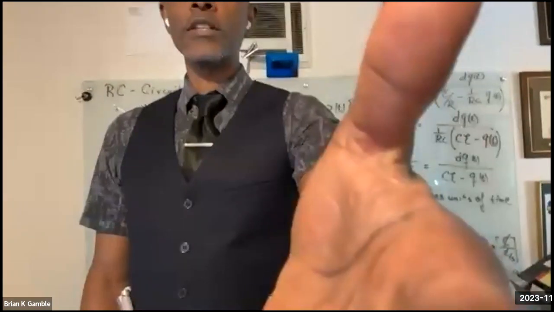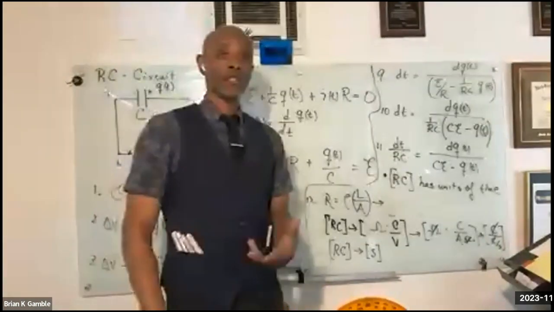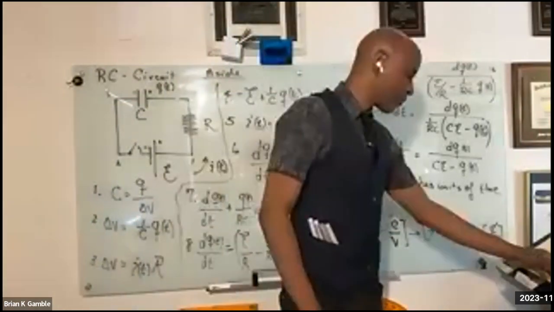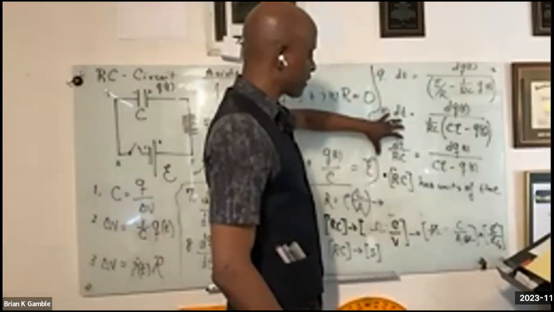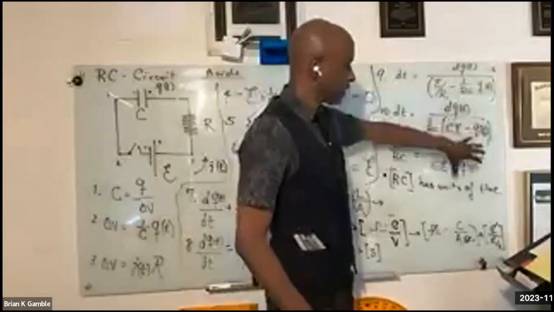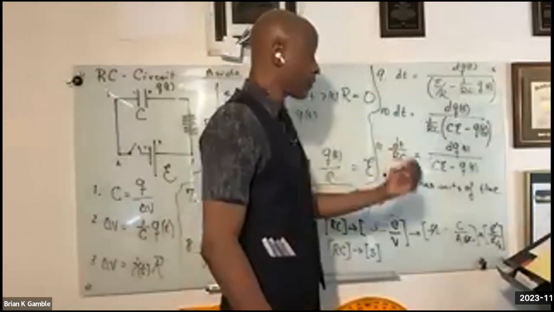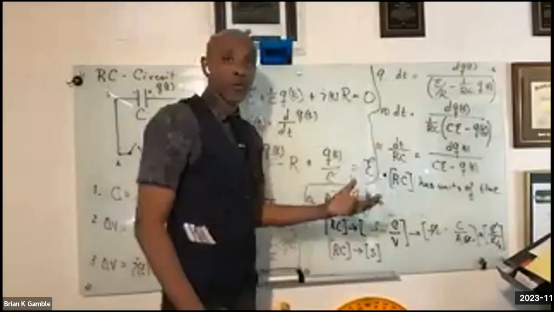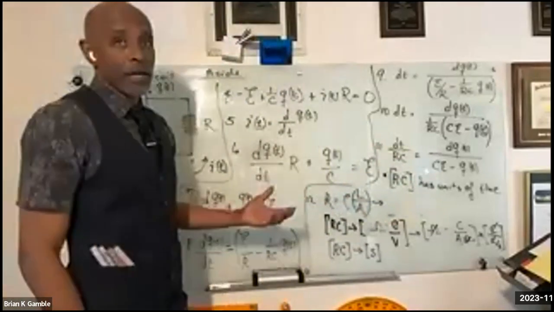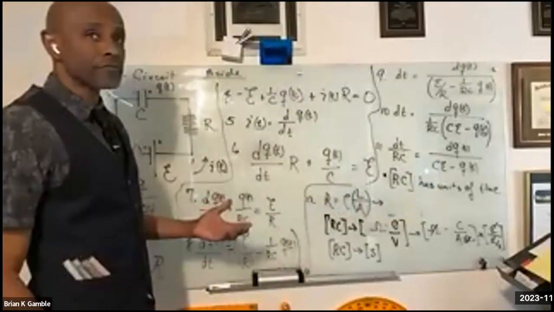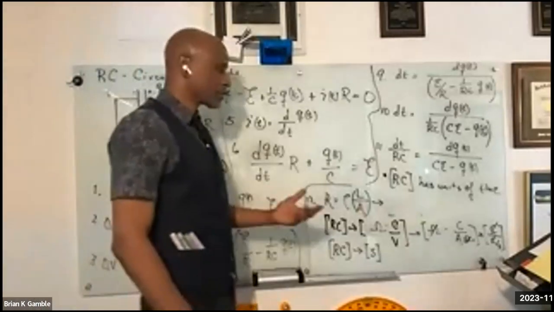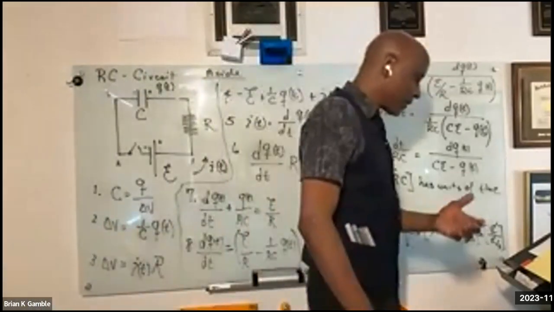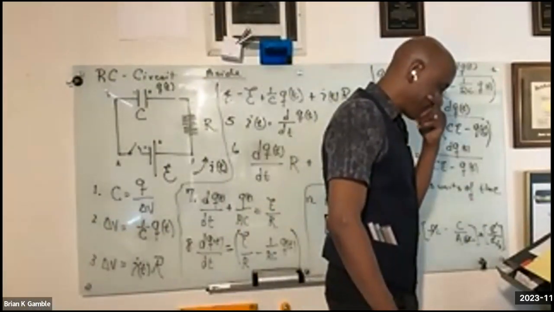Those specific properties allow it to be solved with this technique, separation of variables. The variables are essentially separated. Everything on the left side is time, and everything on the right side is charge. Those are the two quantities that are varying in the circuit: time and charge, or something associated with charge, current.